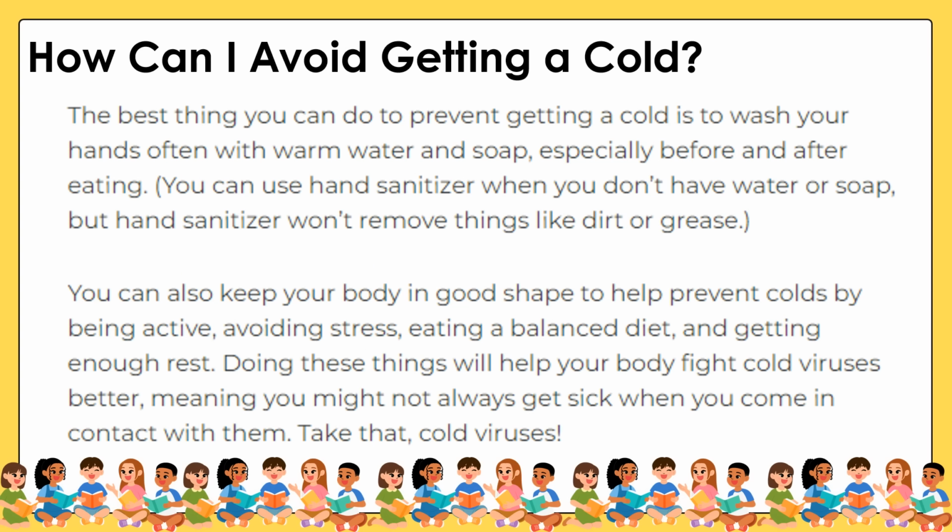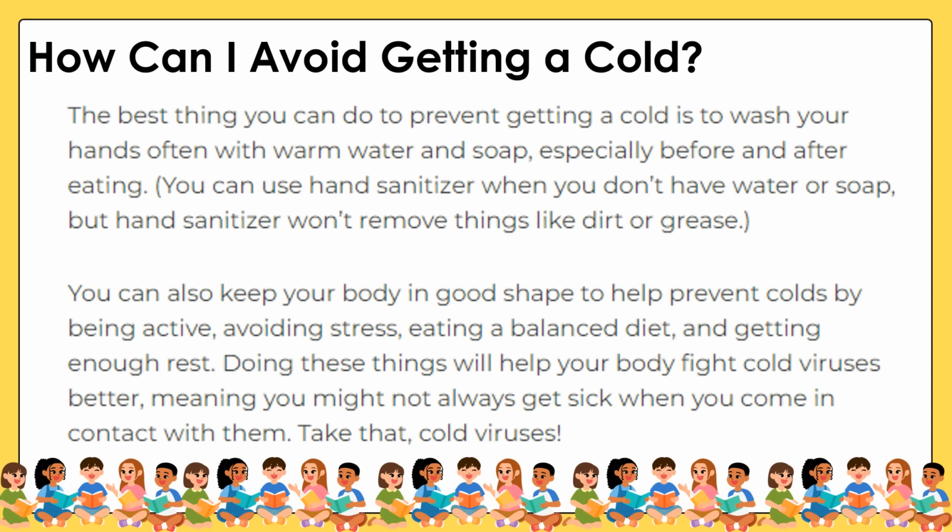So how can I avoid getting a cold? The best thing you can do to prevent getting a cold is to wash your hands often with warm water and soap, especially before and after eating. You can use hand sanitizer when you don't have water or soap, but hand sanitizer won't remove things like dirt and grease.